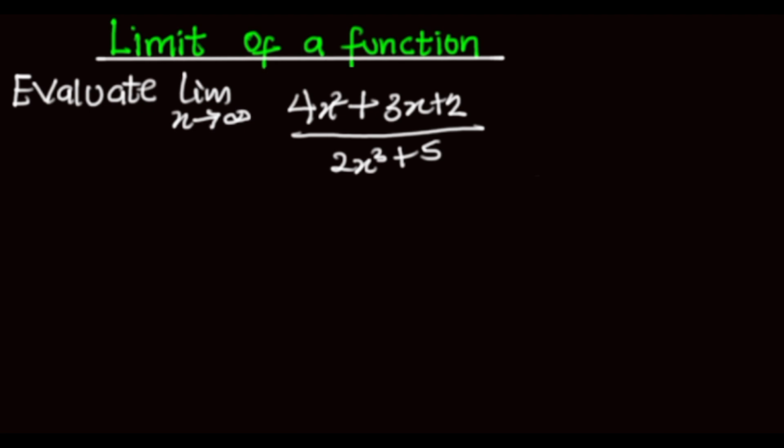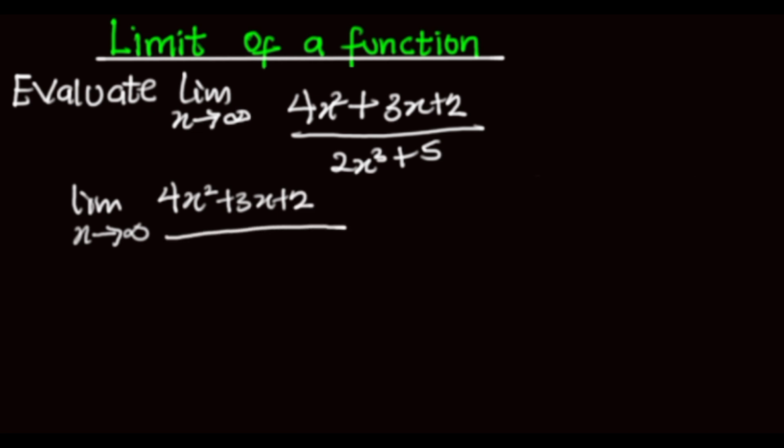So from this question, we have the limit as x tends to infinity of 4x squared plus 3x plus 2, divided by the limit as x tends to infinity of 2x to the power of 3 plus 5.